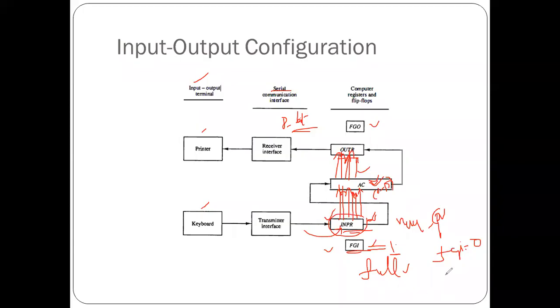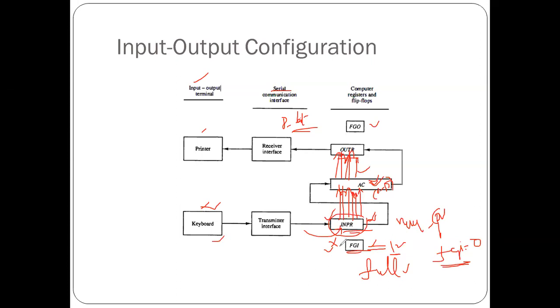Only when FGI is 0 is the keyboard allowed to place a new key code onto the input register. If the CPU has not read this character, the new key code is not accepted. If FGI is 1, it stops overwriting with a new character by the keyboard.